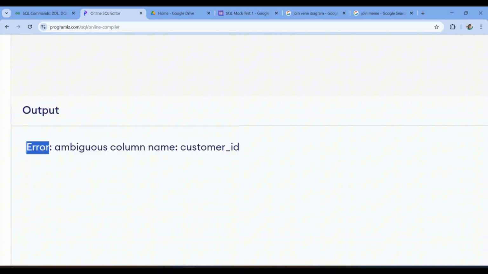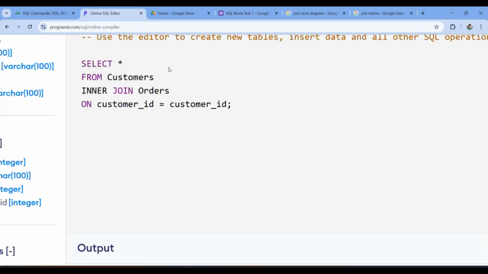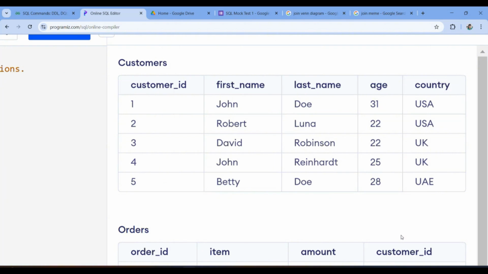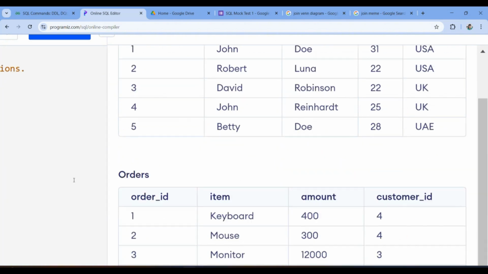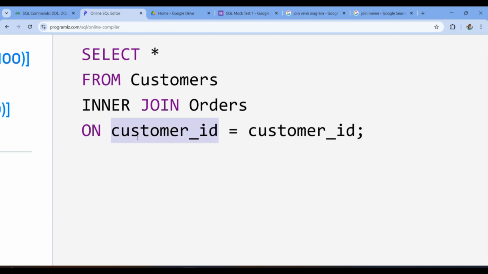It will say error, ambiguous column name, customer ID. So you have at least told it that customer ID should be joined with customer ID, but again, SQL is not smart enough to know whether this customer ID is coming from the customers table or the orders table, and whether this customer ID is coming from the orders table or the customers table, because the column names are the same.